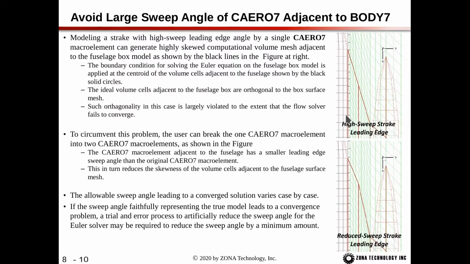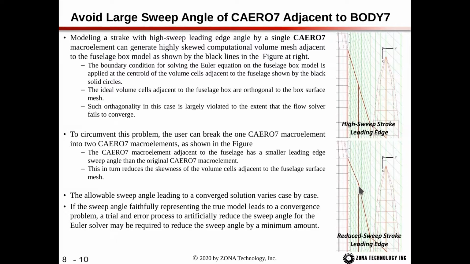So to circumvent this problem, we're going to break this ZEUS macro element into two ZEUS macro elements as shown here, and then adjust the sweep angle of the strake here. So now we have kind of a fake wing with just a little bit of extra area. You can see that the true strake here is just a straight line from this point back to this point.